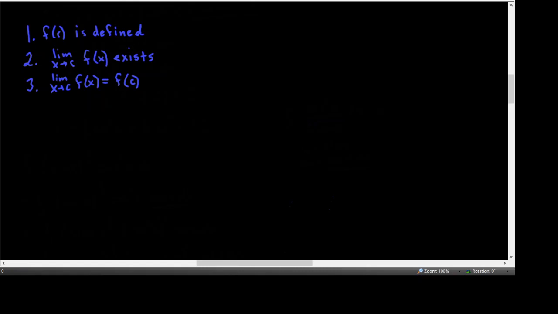And then for continuity on an open interval, a function is continuous on an open interval (a, b) when the function is continuous at each point on the interval. Now, it's impractical to think about testing every real number from, say, 0 to 10. You can't possibly do so because there are infinitely many of them.